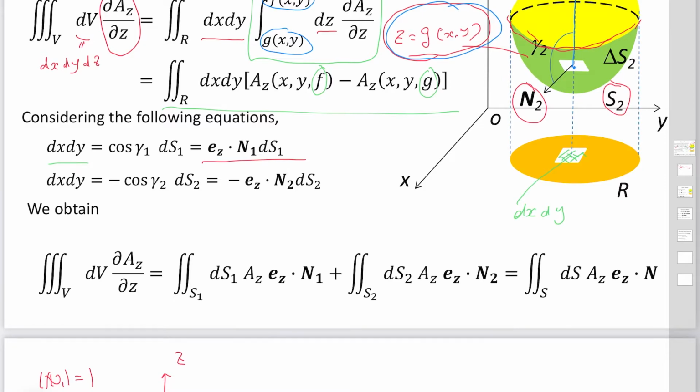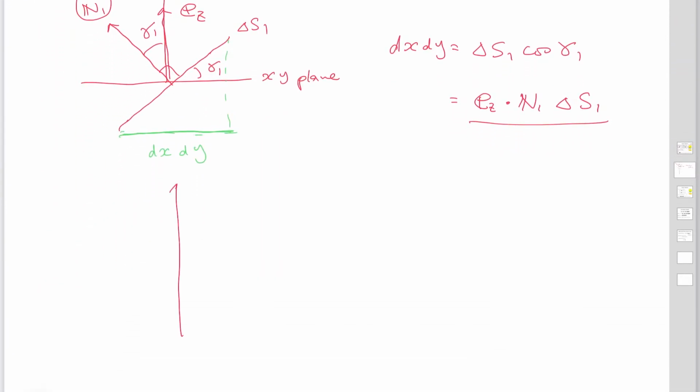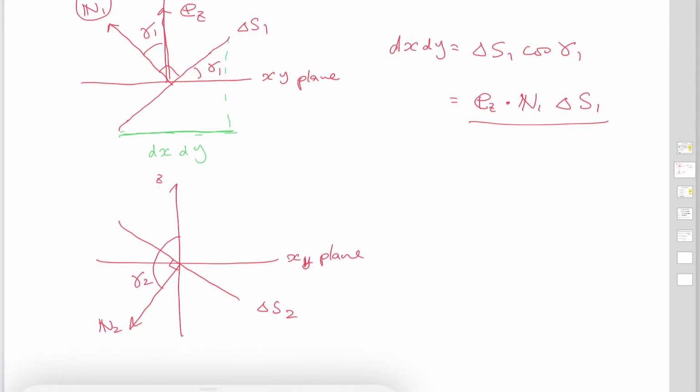So dx dy is expressed by this equation. This is the first equation. In the case of the second, maybe it's better to draw one more figure. This is the xy plane, and this is delta S sub 2. Then this becomes n sub 2. This is a right angle, so this is gamma 2. And this part is dx dy. Then this angle becomes gamma sub 2 minus pi over 2.